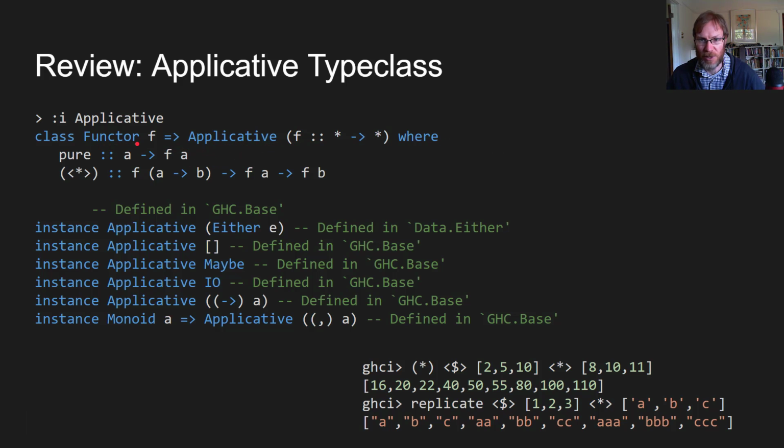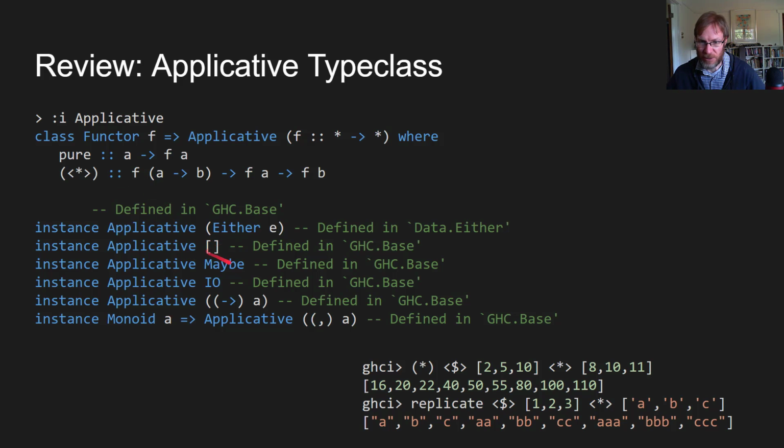Applicatives are also functors, but they introduce two more functions. The first one is a general way to take a value and place it into the context particular to that instance of the applicative, and then the applicative operator, which is another way of mapping a function, but this time it assumes that the function is also inside a context.